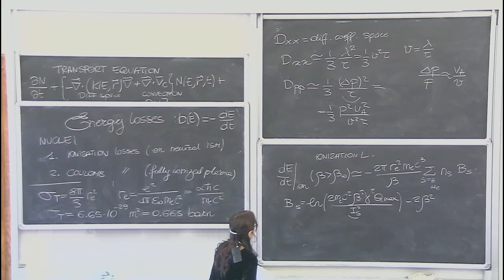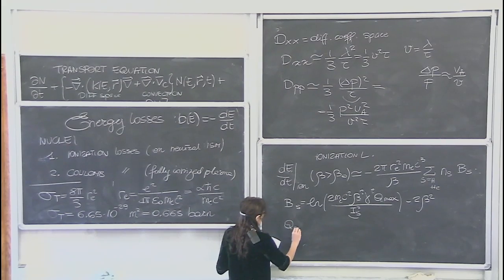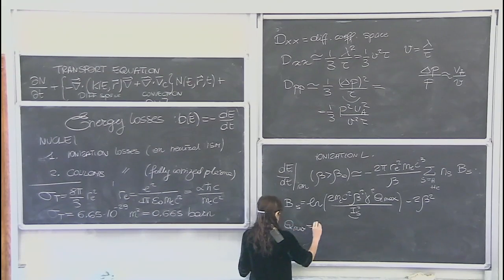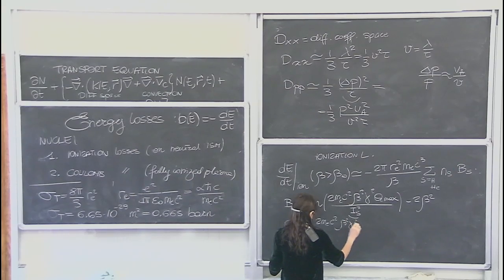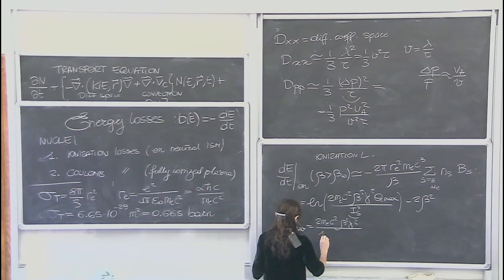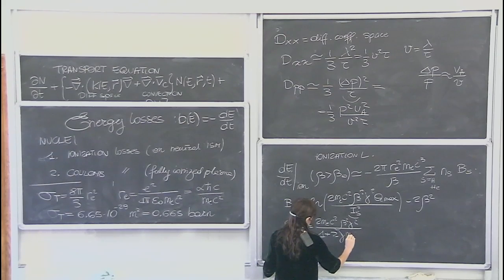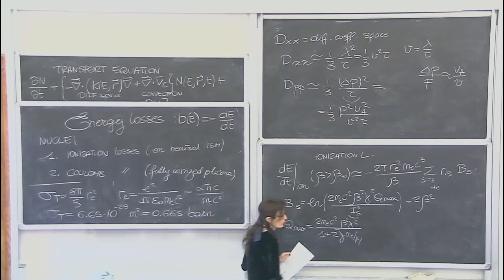Then we have this Qmax, which is twice the mass of the electron, c squared, beta squared, gamma squared, and then we have 1 plus 2 gamma, and then we have the ratio of the masses.